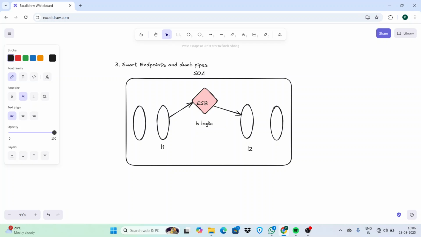A lot of logic was put inside this enterprise service bus.